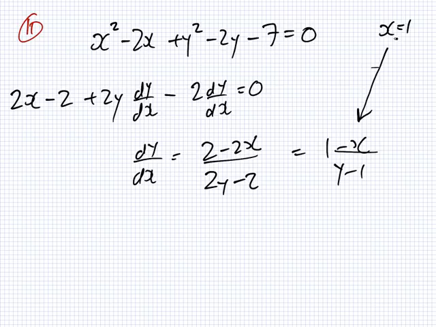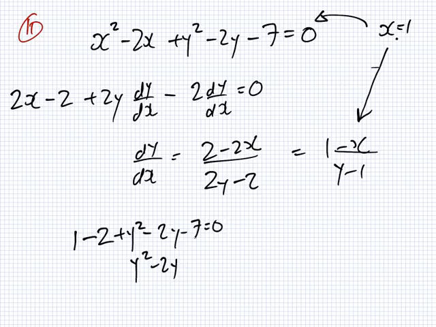So, how can I get the y? Sub in the first one. Yeah, sub it into the first one. So you get 1 minus 2 plus y squared minus 2y minus 7 equals 0. Y squared minus 2y minus 9 plus 1 is minus 8. So you get two answers for y, 4 and minus 2.